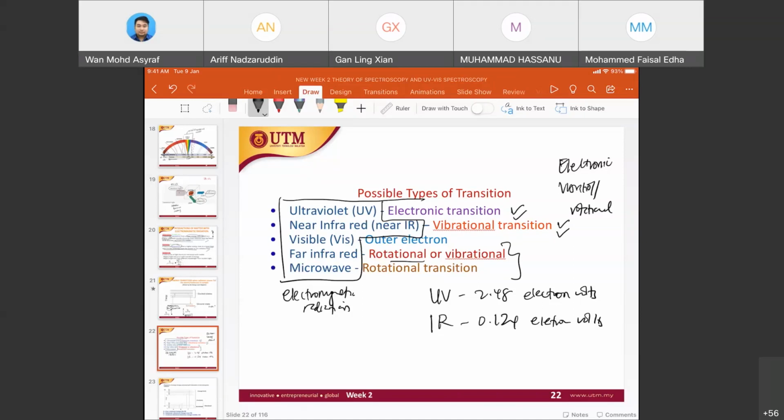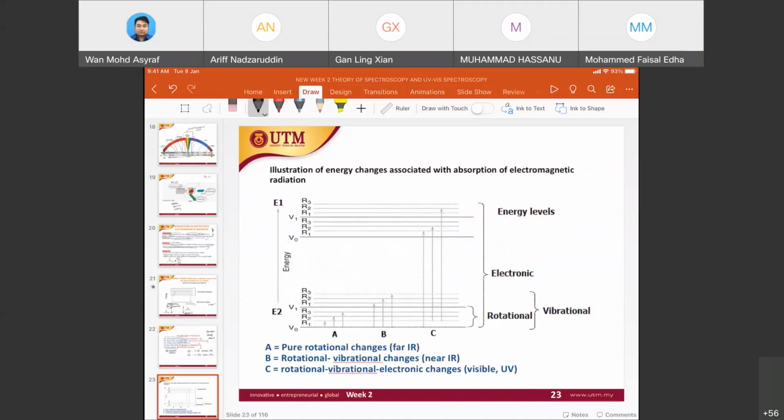So it shows that UV can achieve electronic transition because the energy is about 2.48 electron volts.